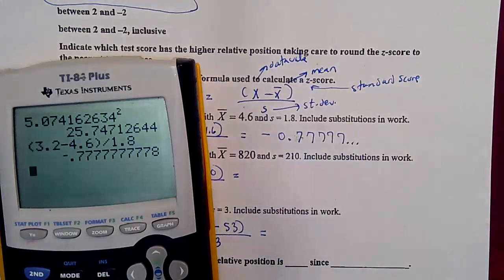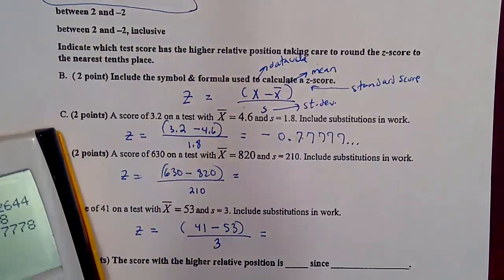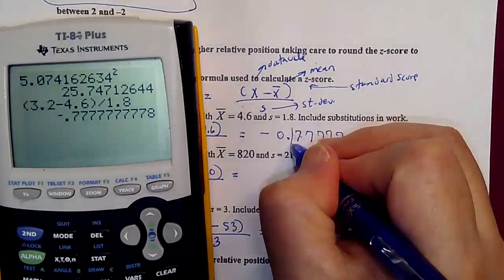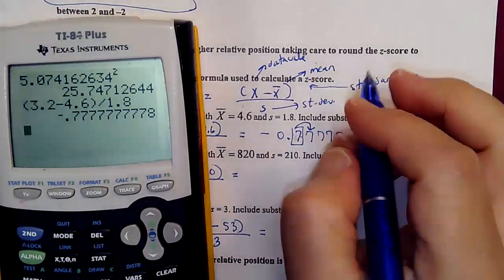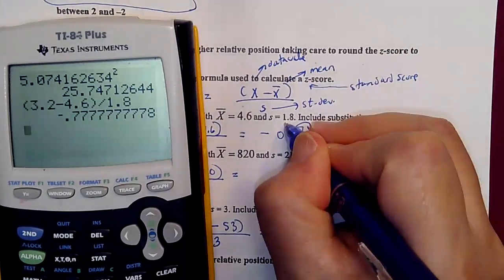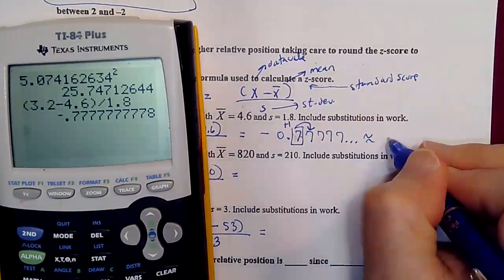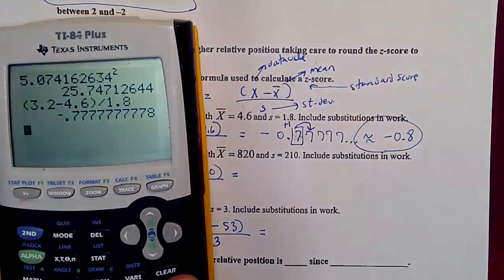Remember it said to round to the tenths place, so read and follow directions, otherwise you get points taken off. Tenths place, is that 5 or more? Yes, so add 1. So negative 0.8. Keep an eye on that.